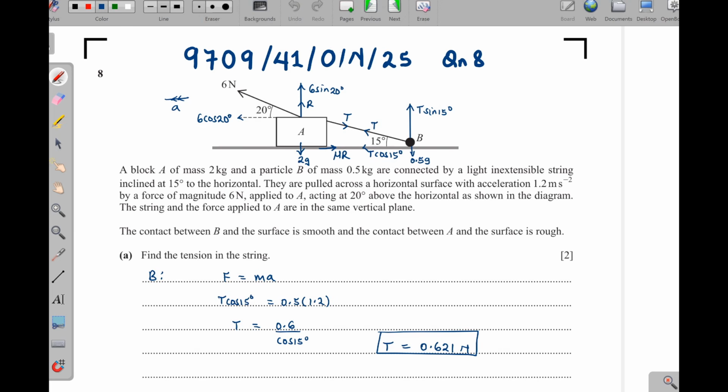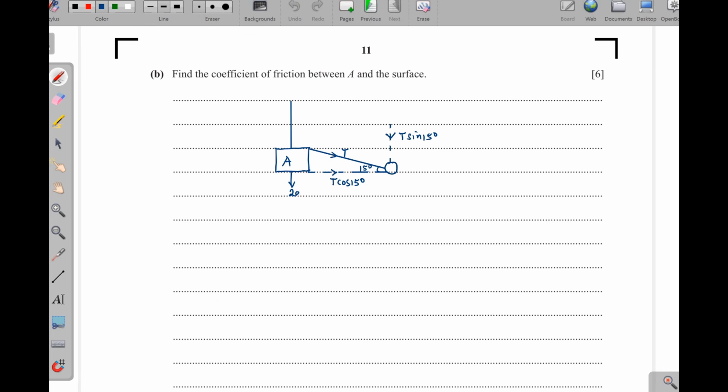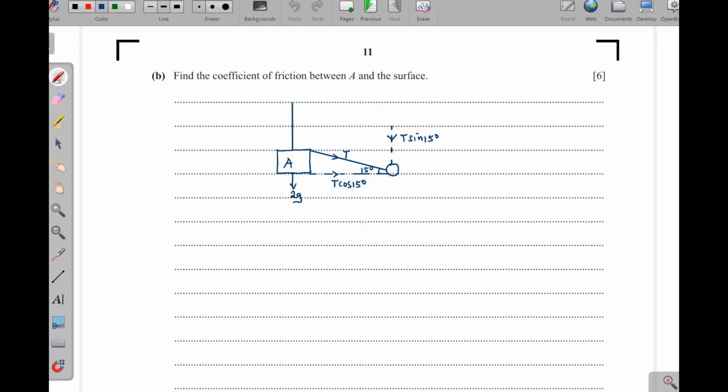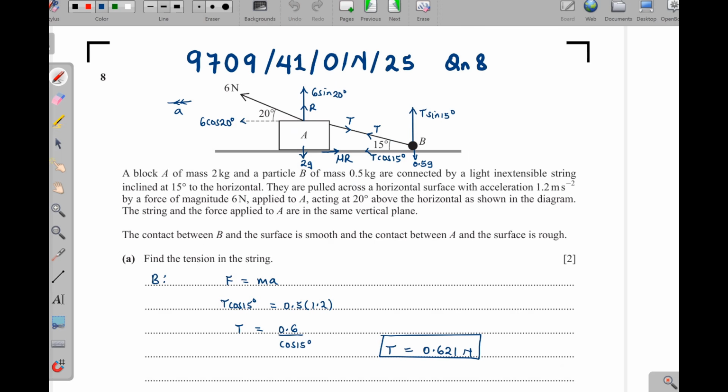So just like I had here, this is 2g. Then what else? There is R, then 6 sine 20. So we have R, then 6 sine of 20. And then we have this one at a certain angle of 20.